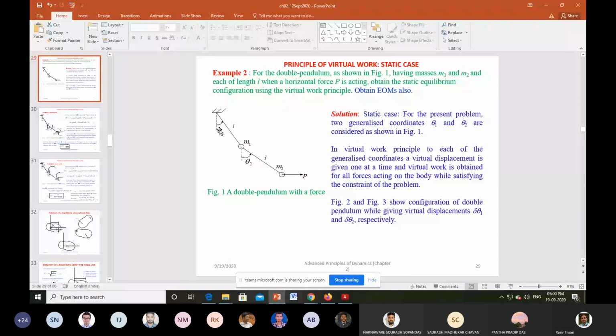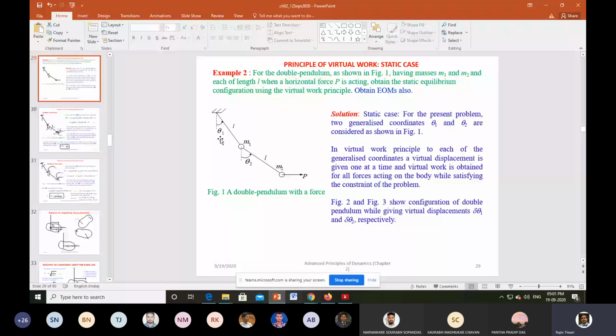At the lower mass, we are applying a static force P in the horizontal direction, because these links can move about the mass. So we want to find out the equilibrium configuration of this using the virtual work principle.